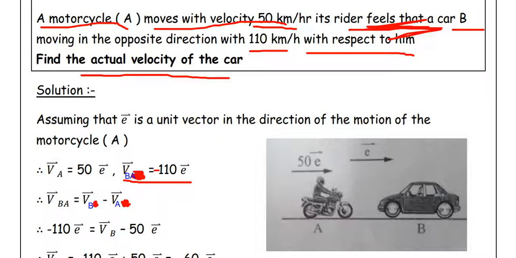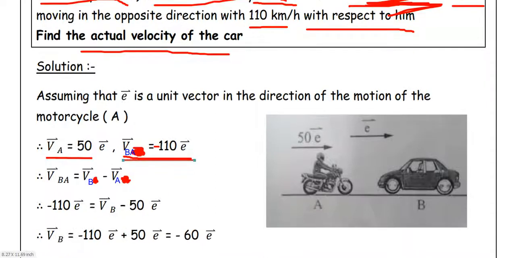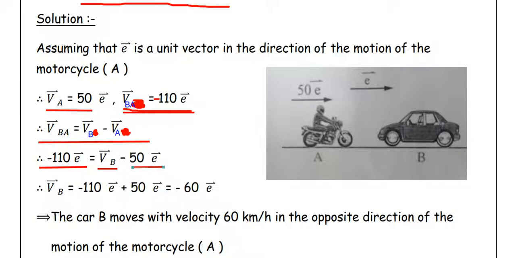And the velocity of B with respect to A is negative 110E. Why is it negative? Because it is in the opposite direction. So VBA equals VB minus VA. We already have VBA, which is negative 110E, equals VB, which is unknown, minus 50E.